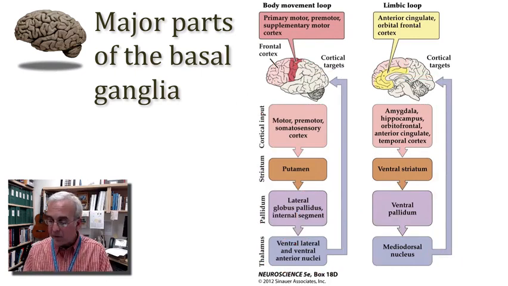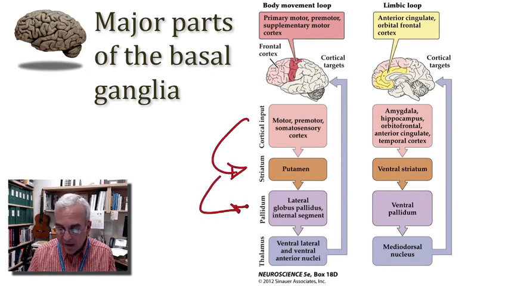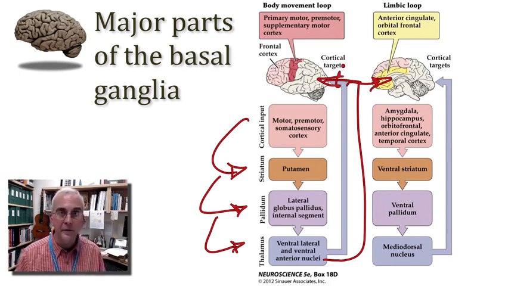So again, the point here is to lay out the specific processing stations that are involved in these different processing streams, but also to highlight what's common here: cortex to striatum, striatum to pallidum, pallidum to thalamus, and then thalamus back to cortex.